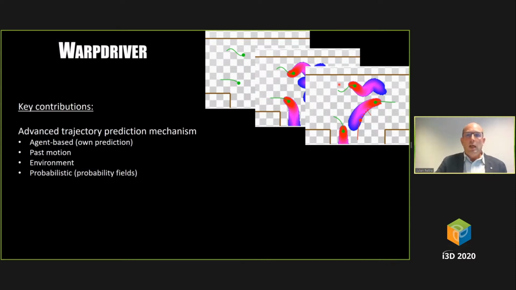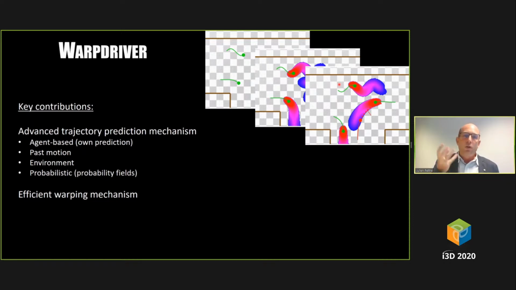You can guess that it's quite expensive to compute this and it will not fit crowd simulation. It will not scale to many agents. So actually, this is another contribution of WorldDriver, and it also explains the name: we compute those fields in a very, very efficient way by successive operations of warping.